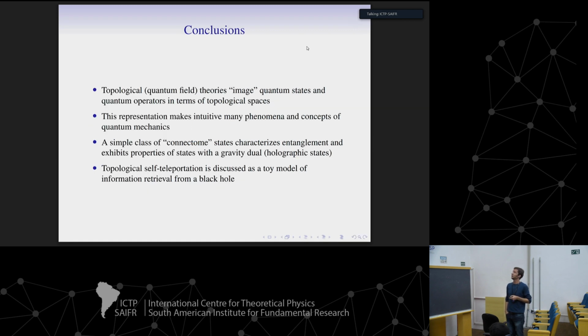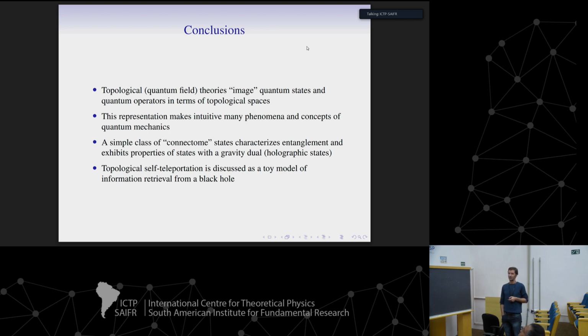So those are my conclusions: I introduced a topological description of quantum mechanics. This is a very intuitive way of describing things, and it certainly helps in understanding things we already know, and hopefully it can help us understand things that we do not understand that well.